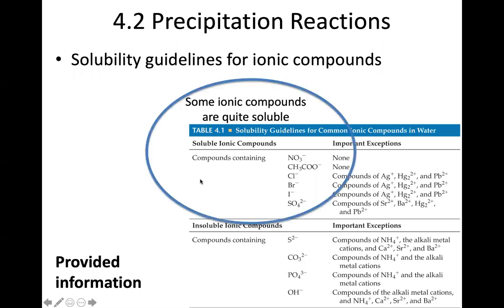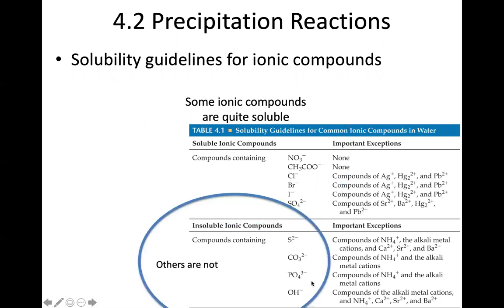These are compounds that are quite soluble, and they're listed based on what the anion is. So compounds containing these anions are typically quite soluble. A lot of it would dissolve in water. Below, we've got examples that are not very soluble, again, based on the anions.